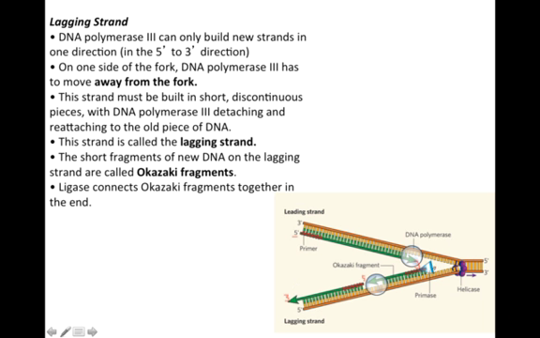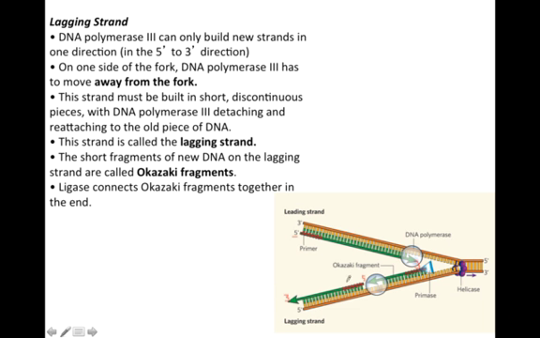You probably noticed that on the lagging strand, there's more than one strand, right? There's multiple strands, and we call them fragments. In fact, we call them Okazaki fragments. So these short little fragments are called Okazaki fragments, named after the scientists that discovered them.